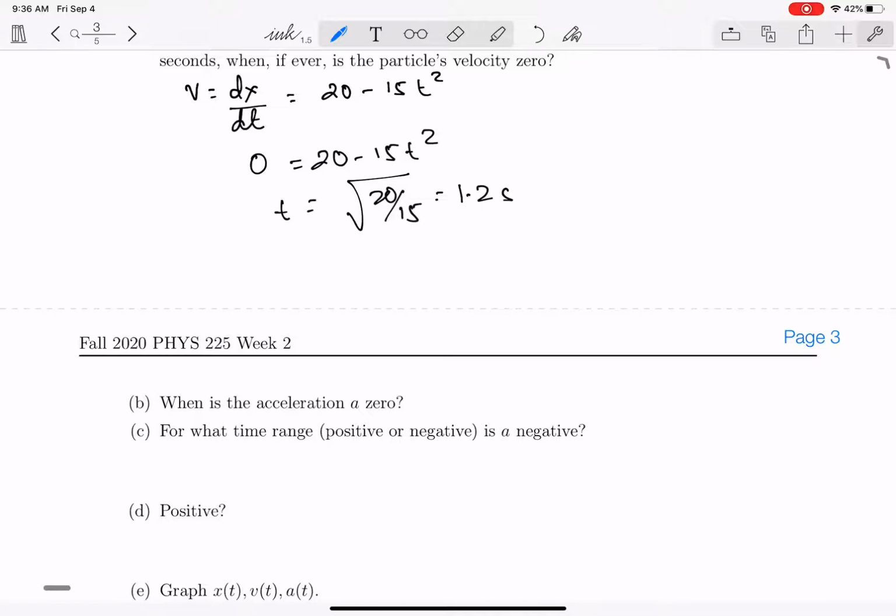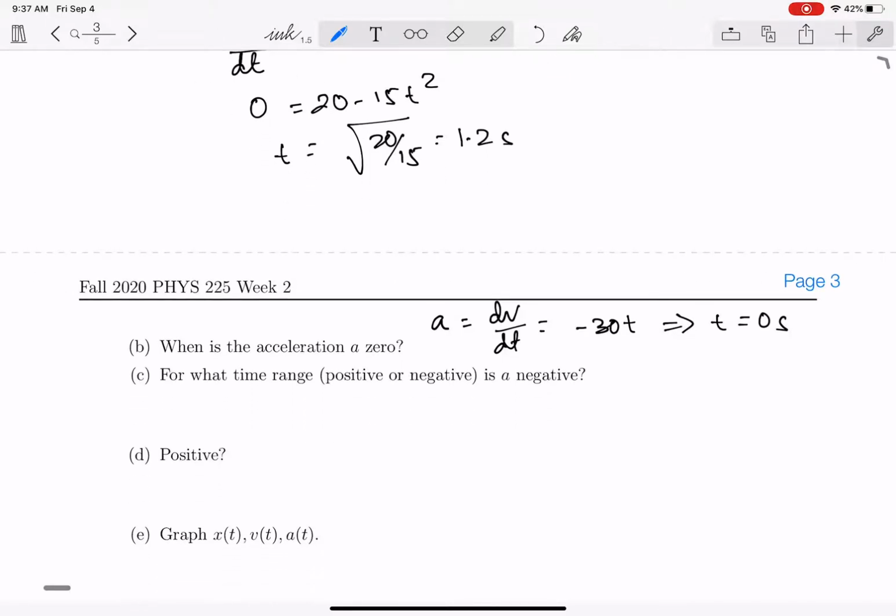When is the acceleration 0? For us to do that, we have to find acceleration first. Acceleration is dv dt, that is negative 30t. So acceleration is 0 at t equals 0 seconds.